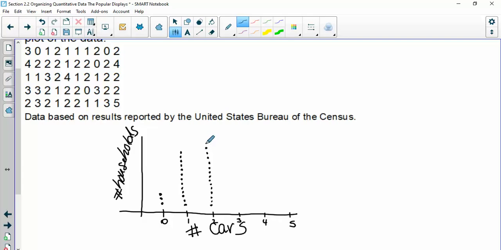So you can already probably see that this is kind of annoying. 3 cars, 7. 4 cars, and 5 cars. Alright, so we don't really want to count all those points, but this does give us a pretty good idea of what we call the shape of our data.